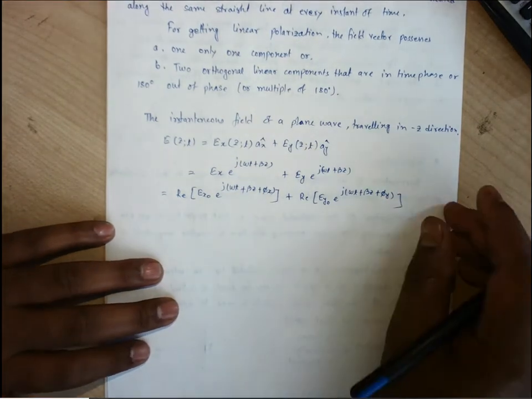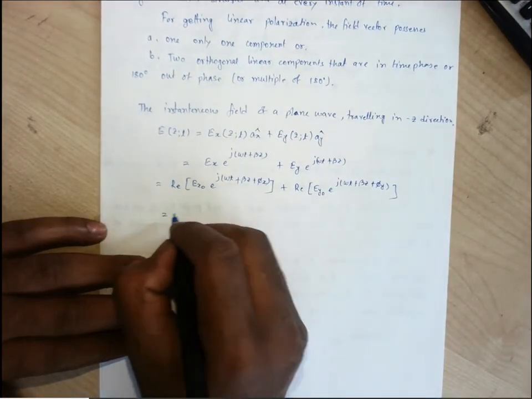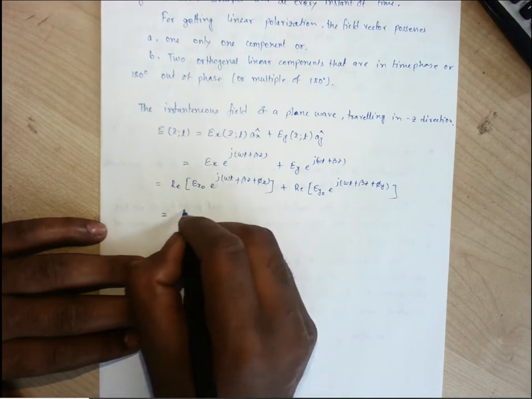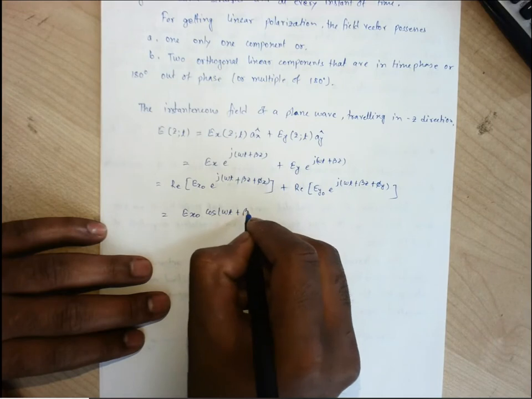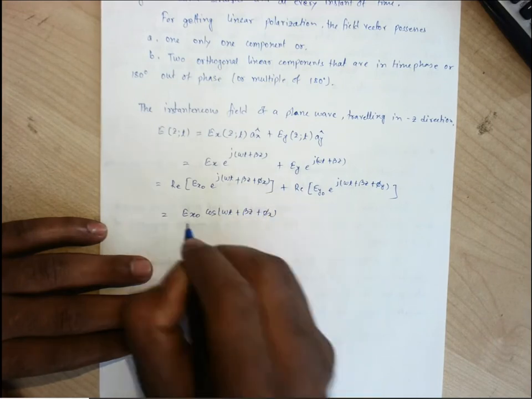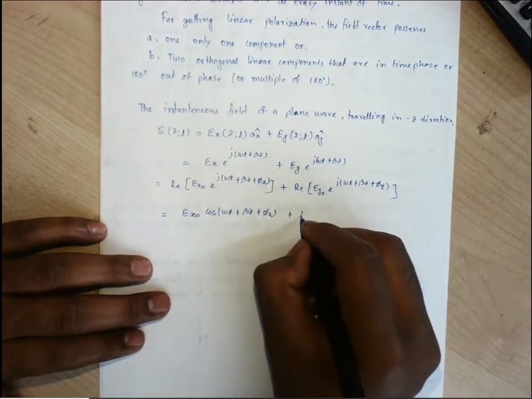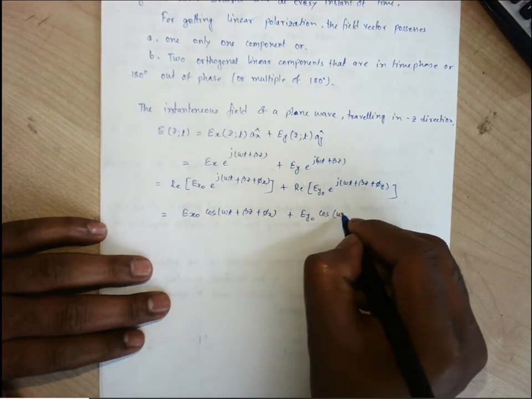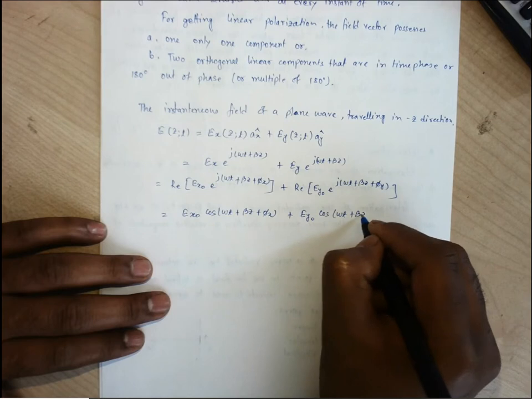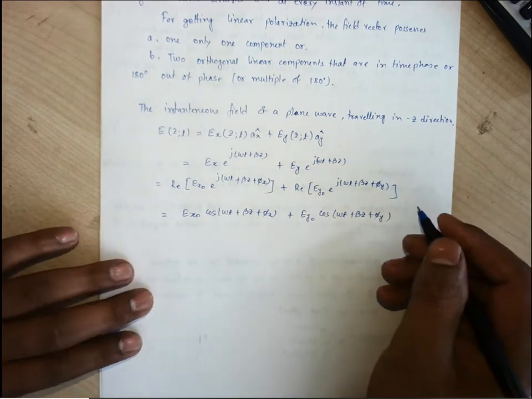We can take the cosine component: Ex0 cos(omega t plus beta z plus phi x) and Ey0 cos(omega t plus beta z plus phi y).